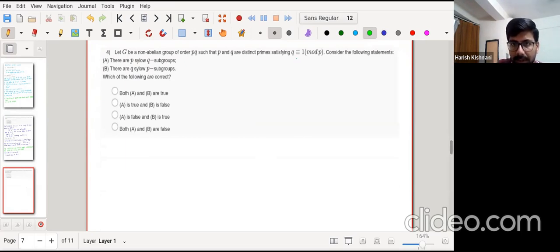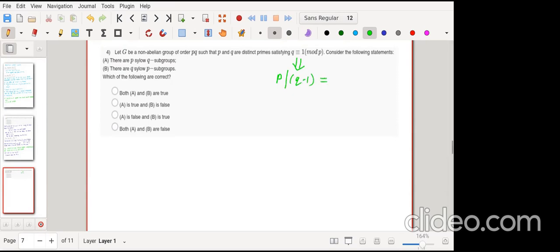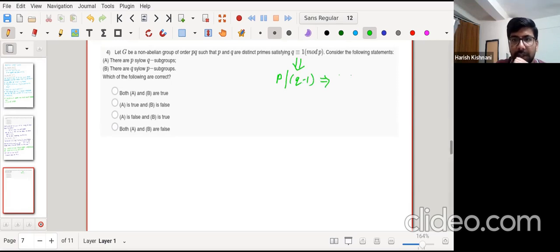This implies P divides Q minus 1, and this implies that P has to be smaller than Q, because if P equals Q, then P dividing P minus 1 won't happen. And if Q is smaller than P, then Q minus 1 is smaller than P, so P cannot divide Q minus 1. So this directly says that P is the smaller prime and Q is the larger prime.